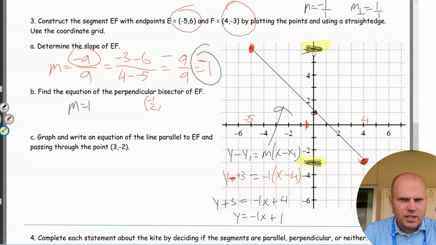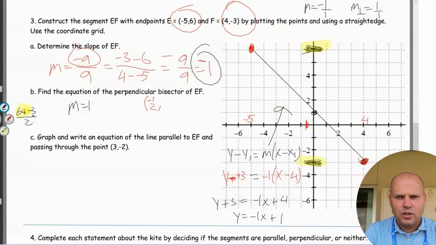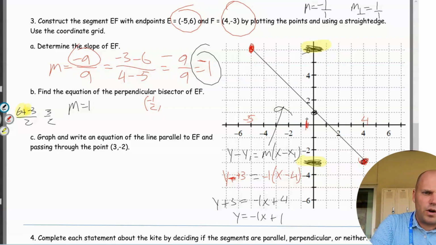But watch this. 6 plus -3 divided by 2. That's 3 over 2. It's actually 1.5. So this point right here, which is negative a half, 3/2, that is a point in the middle where the slope is going to be 1.